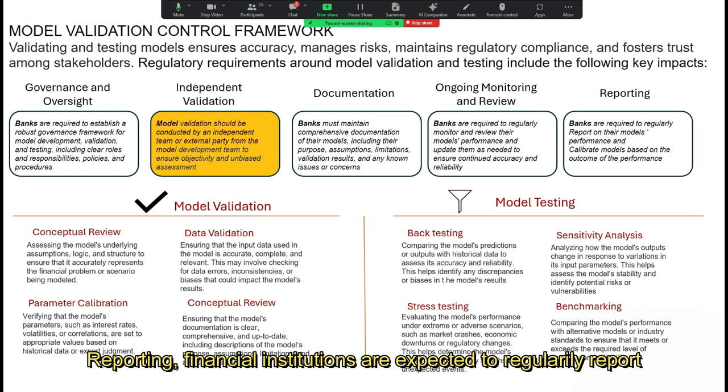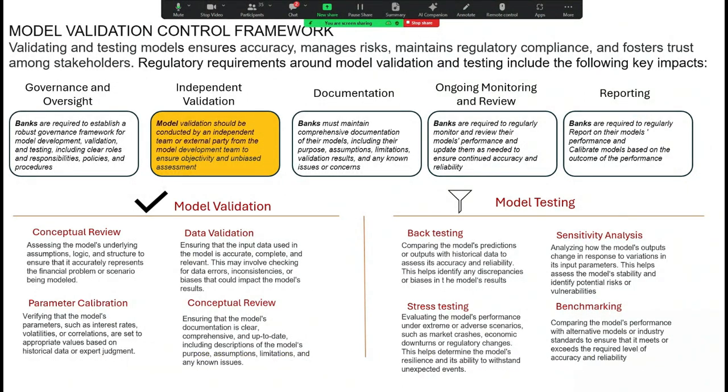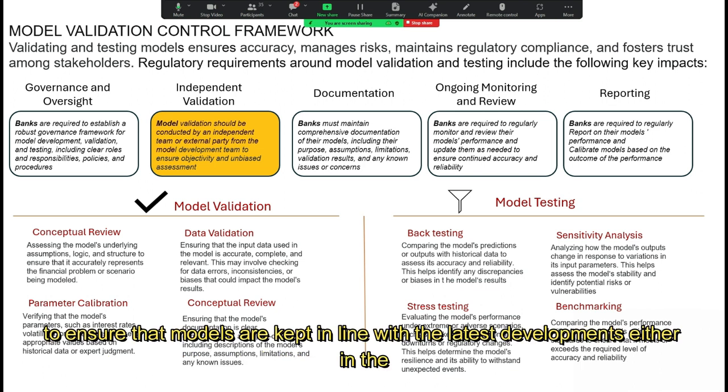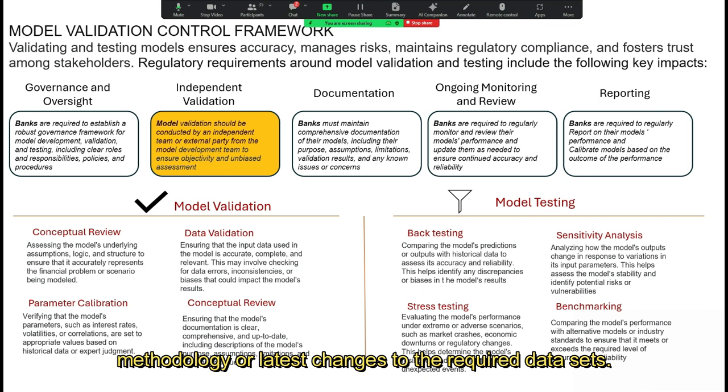And obviously reporting: financial institutions are expected to regularly report on the results of model use, on the accuracy of the model predictive forecast, and on change management, to ensure that models are kept in line with the latest developments, either in the methodology or in the latest changes to the required data sets.